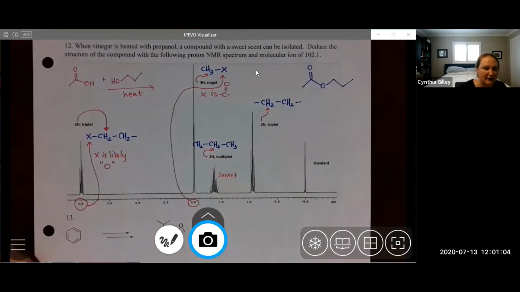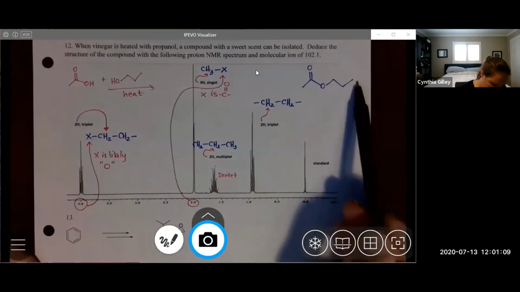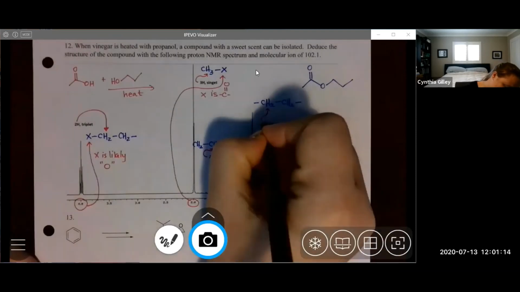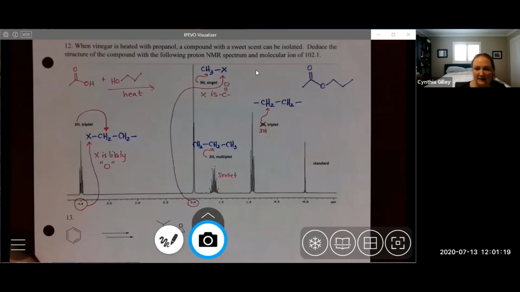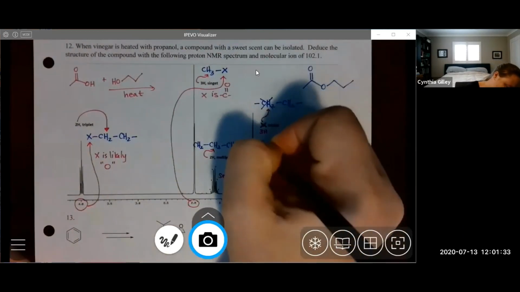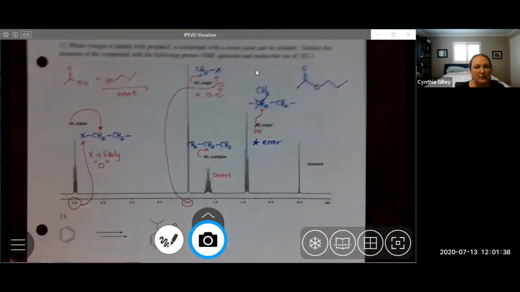So we should have 3 hydrogens, 2, 2, and 3. Not 2, 2, and 2. So I think this is an error, actually. Bummer, there's too many errors in this. So basically, this just did not make sense, right? There's no other ending to this group. So I just figured out that this has to be an error. So this has to be a CH3, with 2 neighbors.